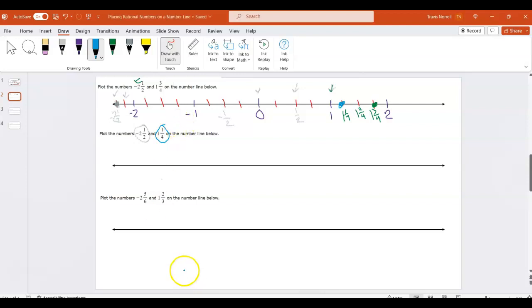All right, let's try breaking it up into sixths and thirds. So I noticed that I have -2 and 5/6. So I'm going to go on to -3 over here. Make sure I leave myself enough room, unlike I did on the first example, which means I'm going to take this one to +3.